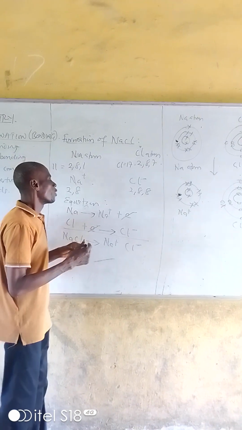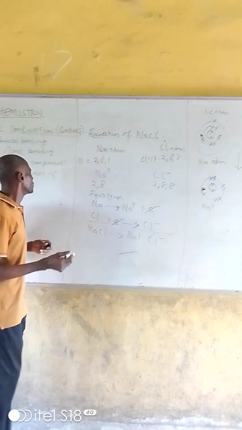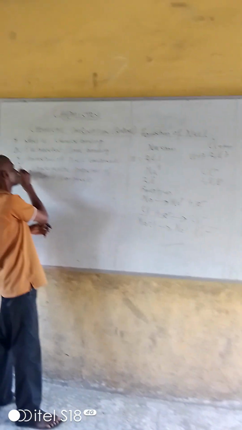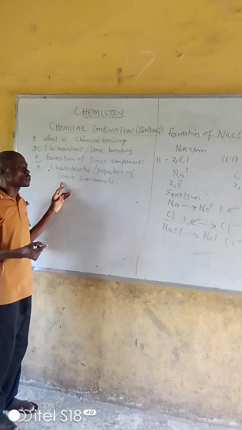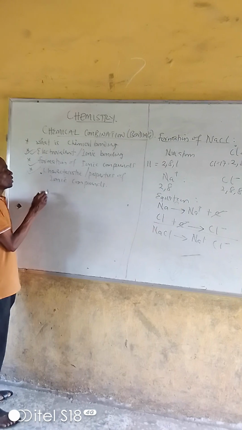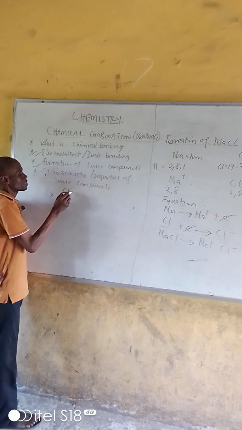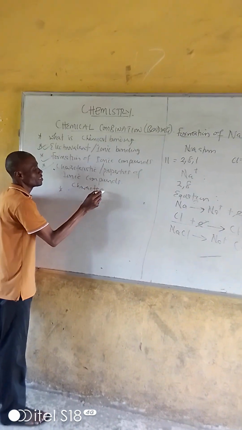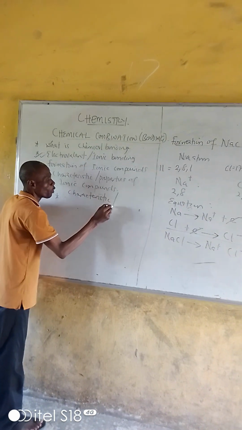So this is how an electrovalent bond is formed. And then lastly, on our learning objective, what about the characteristics or properties of ionic compounds? Let's put it down.